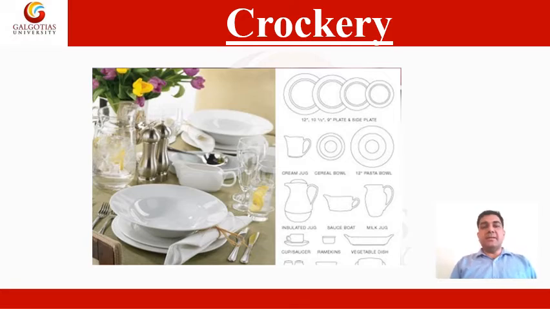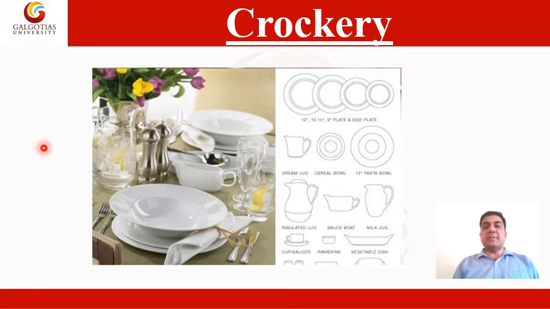It has many examples, for many things come in this. As you can see in the photo, this plate which looks like a bowl is actually not a bowl; it is a soup bowl or a pasta bowl or a pasta plate. You need to understand first what you understand by the word crockery.